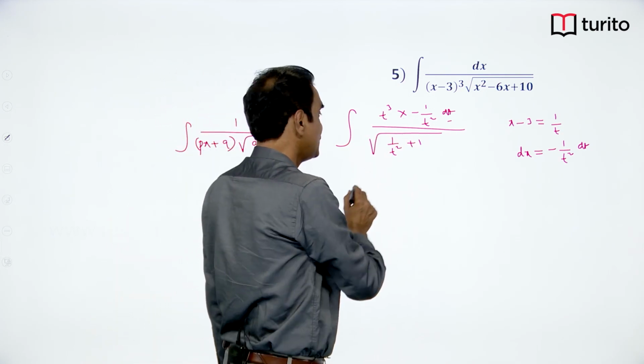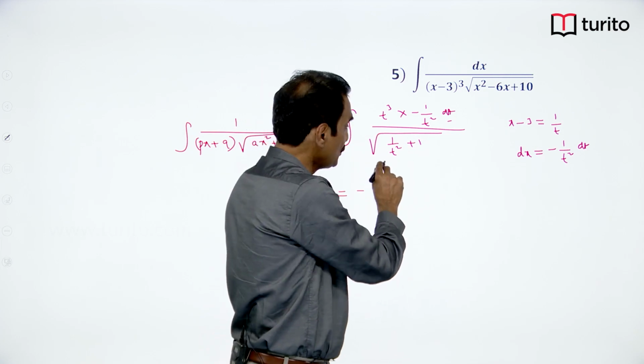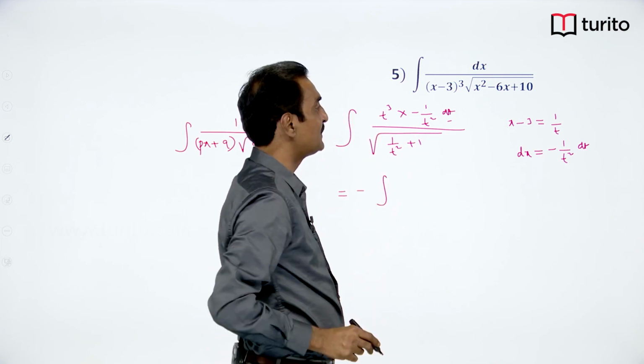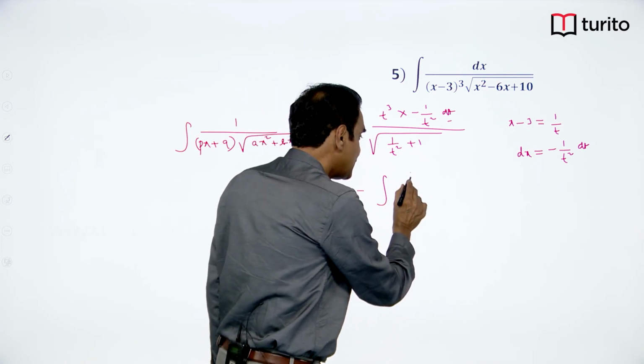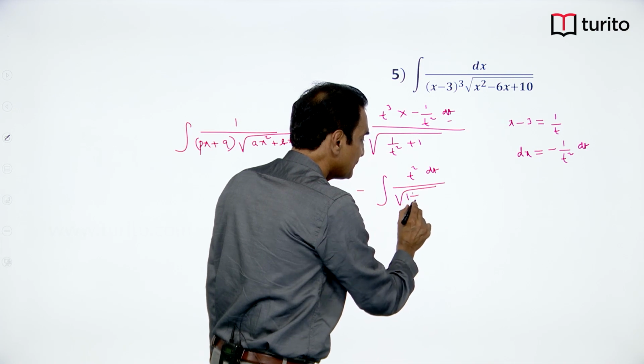Now t square cancels here, you will get minus integral, here LCM is t square, root over t square is t, that will go to numerator. So finally you will get t square dt by root 1 plus t square.